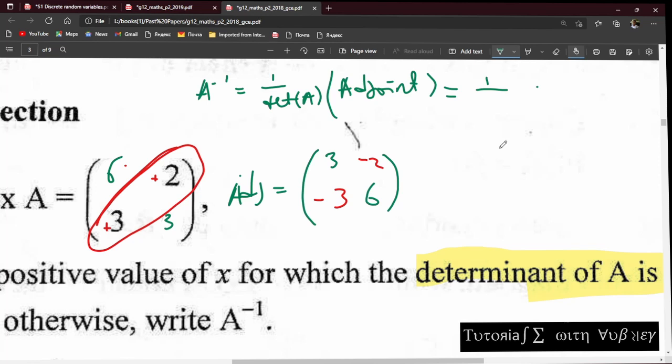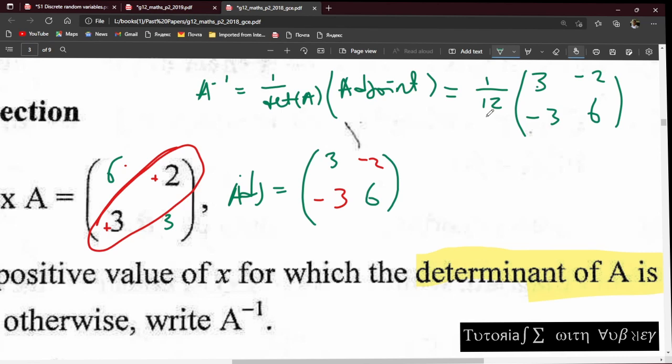The determinant of A is 12. So 1 over 12 times the adjoint matrix, which is 3, -3, -2, and 6. Okay, which further can be simplified by multiplying a constant throughout, or you can leave it there, you'll still be given marks.